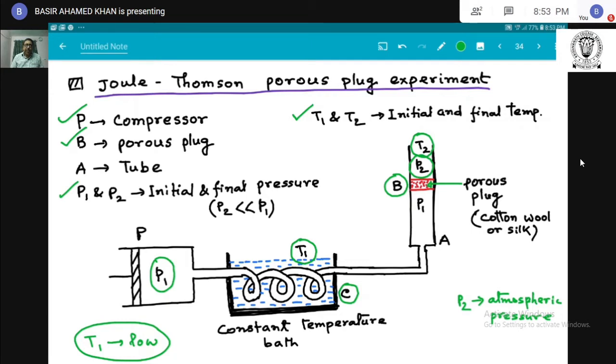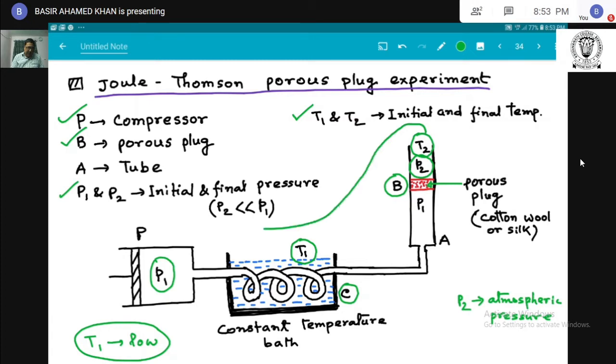But if the initial temperature is sufficiently lower than the certain temperature, then after expansion the gas becomes cooled in the porous plug experiment.